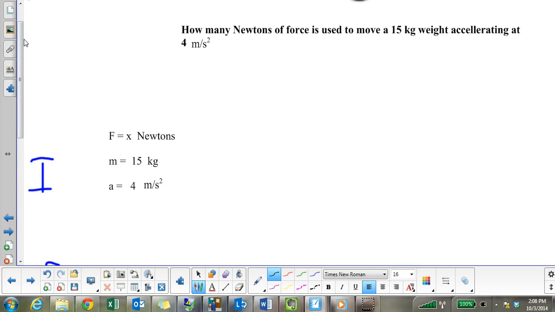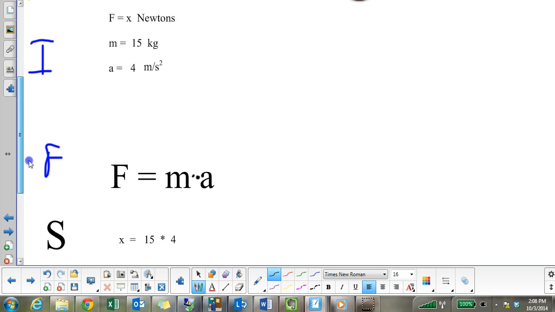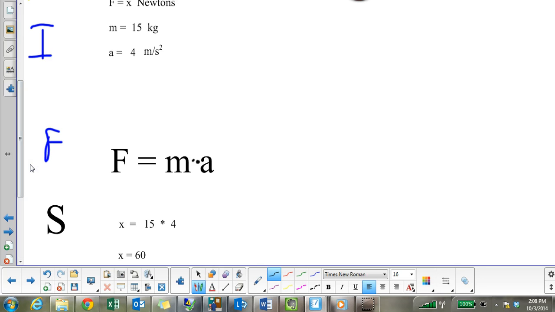Okay. So hopefully you've identified the F, M, and A. Force is x newtons, mass is 15 kilograms, and acceleration is 4 meters per second squared. And obviously I'm choosing this formula. When I substitute in the values, again, I only substitute in values, not the labels. So my equation looks like x equals 15 times 4.